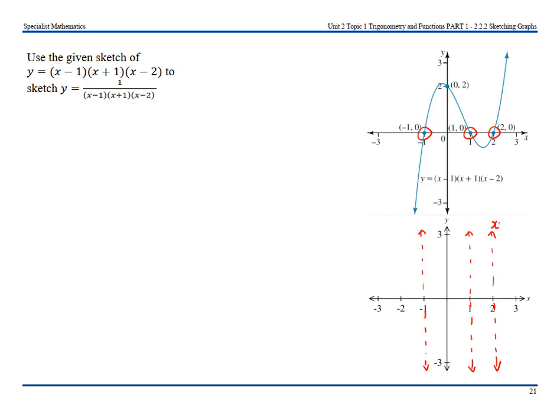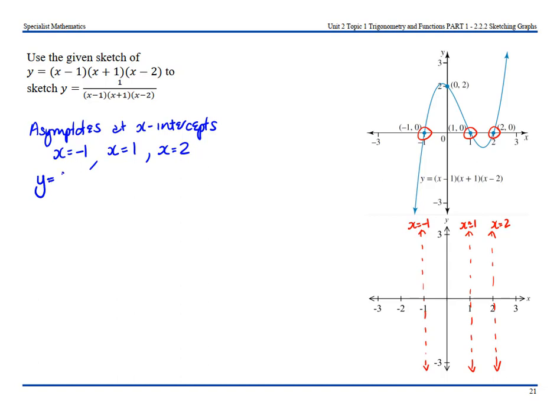So I've got x equals 2, x equals 1, x equals negative 1. So asymptotes at x-intercepts. So that's going to be x equals negative 1, x equals 1, x equals 2. We also have our horizontal asymptote at y equals 0.